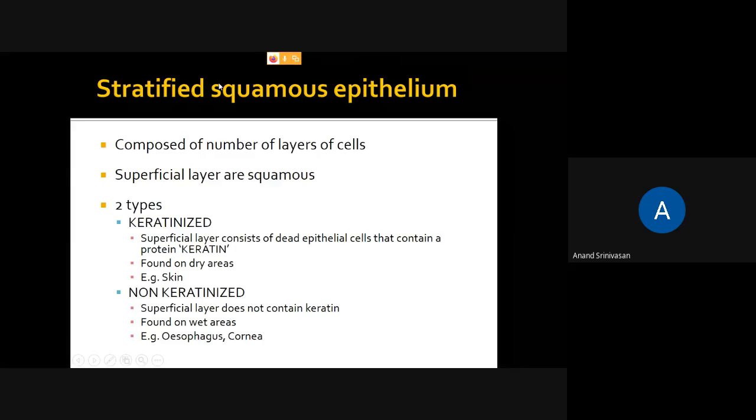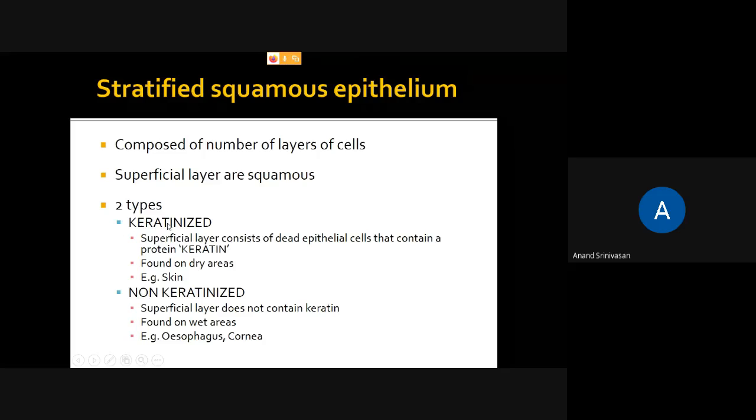Squamous means flat cells. Here we take the superficial-most layer. In stratified squamous, usually the superficial layer is called squamous. Now this stratified squamous epithelium has two parts.